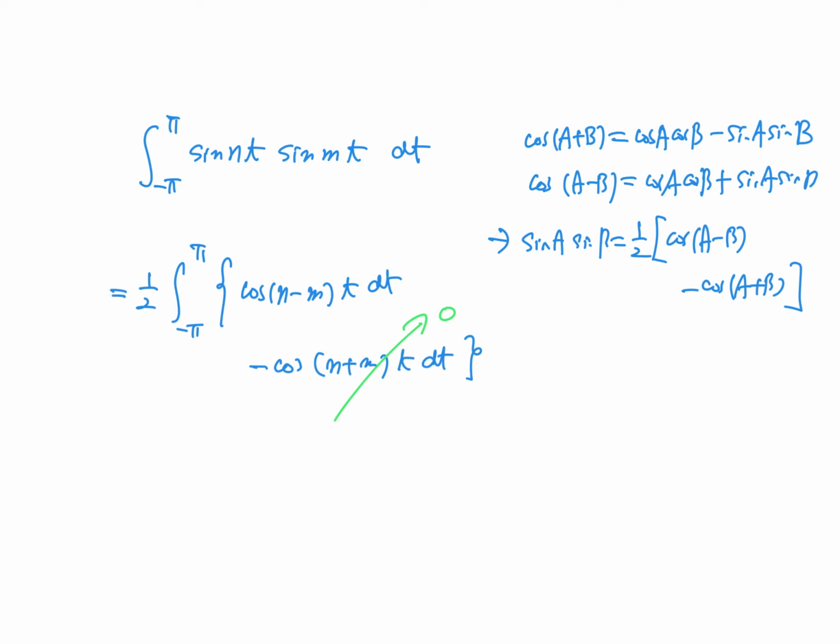When n is equal to m, then cosine of (n minus m)t is cosine 0, which is 1. So this gives 2 pi, right? So this integral is very easy. It is 2 pi over 2, or 0 when n is different from m.